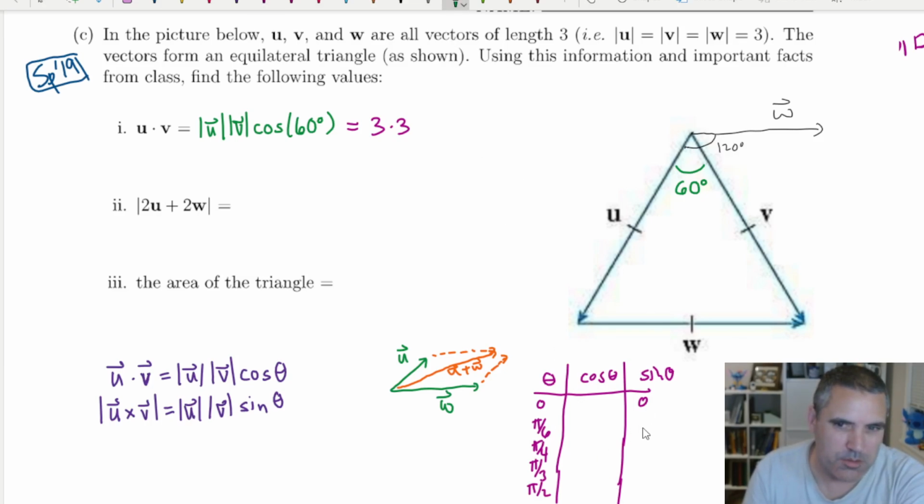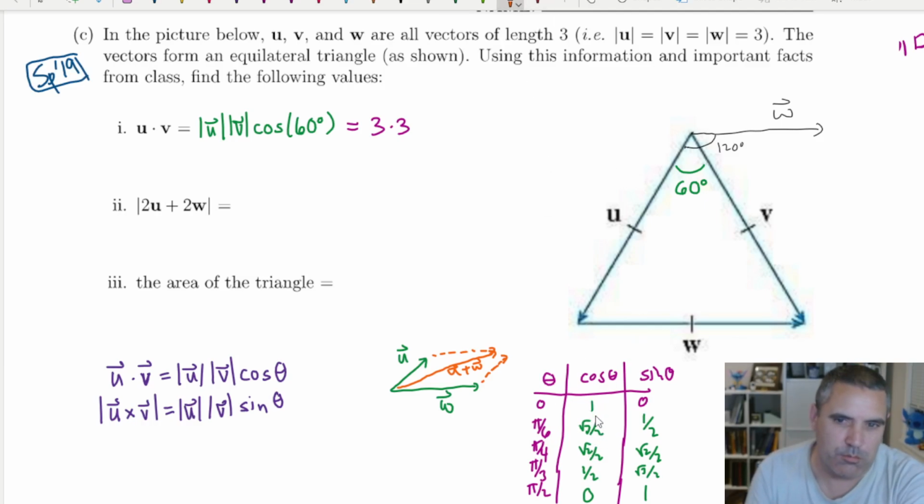You can also think about the unit circle, but it just increases from here. So it's 0, 1/2, root 2 over 2, root 3 over 2, 1. You can actually do 0, 1, 2, 3, 4, and then do square root and divide by 2. And then it just flips here. 1/2, square root of 2 over 2, square root of 3 over 2, 1.